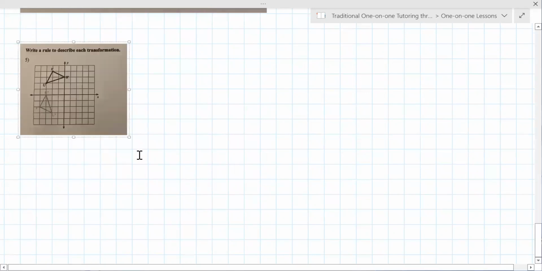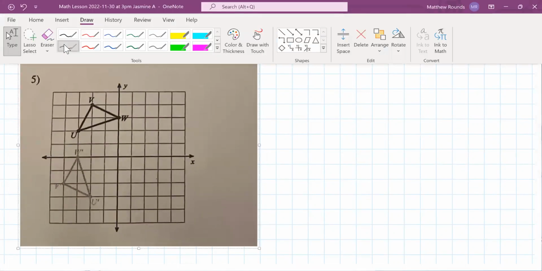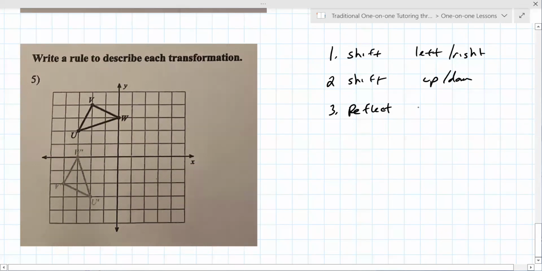Your options for what you do are shift left or right, shift up or down, reflect, and there's two axes it could reflect over, the x-axis or the y-axis.